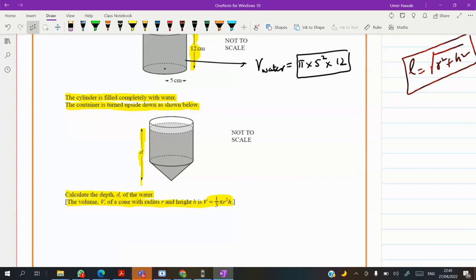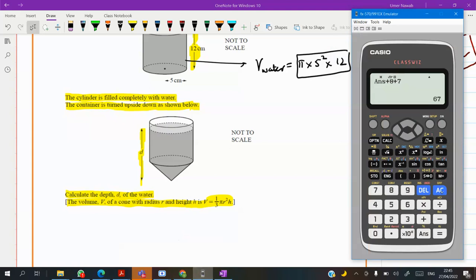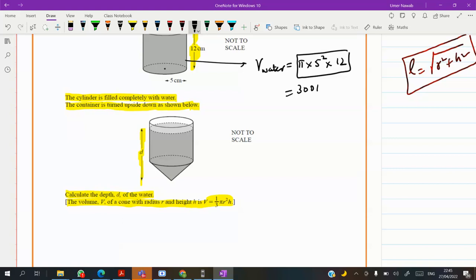This volume is pi times 25 times 12, which is 300 pi. I don't turn it into decimals because I want to keep it in exact form. Now this 300 pi is equal to the full cone in the upside-down situation.